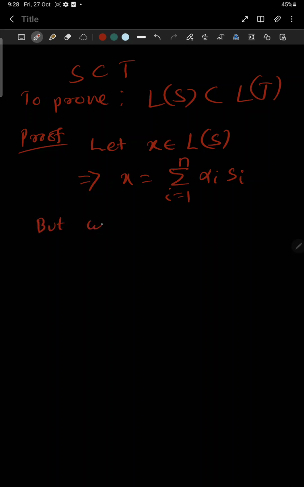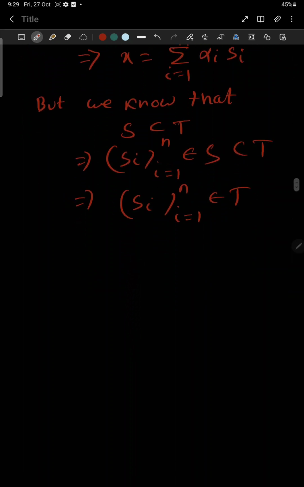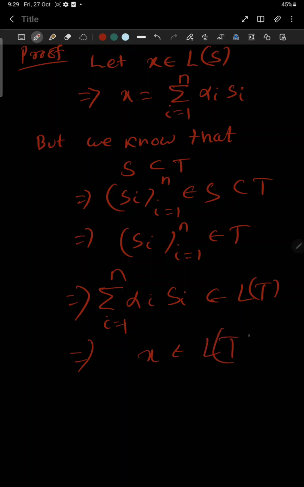But we know that S is a subset of T. This implies that the Si, I from 1 to n, belong to S, which is a subset of T, so the Si also belong to T. This implies that summation I from 1 to n of alpha I Si belongs to L of T. This implies that X also belongs to L of T.